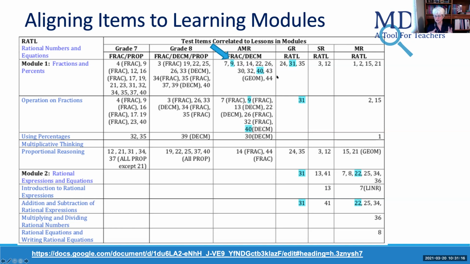This particular mapping document is not currently on our website. We're still vetting and error checking, but it will be posted on our website under the modules link, probably in the next week or so. So those are available for teachers that want to be able to map so that you don't have to track things back and forth.